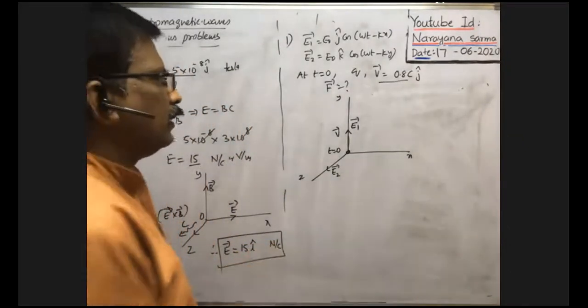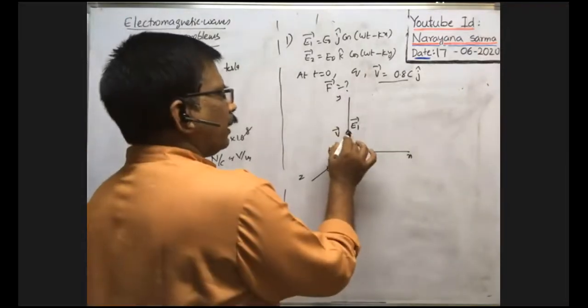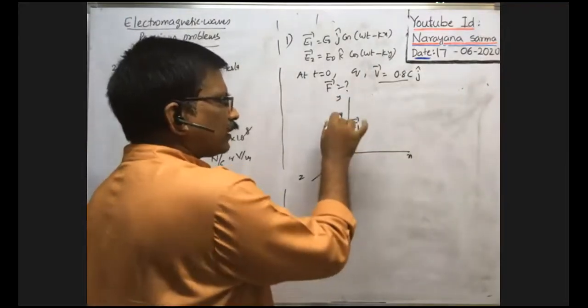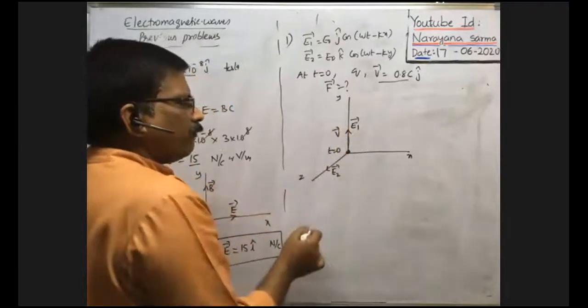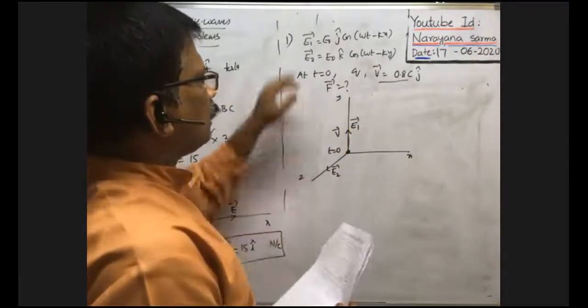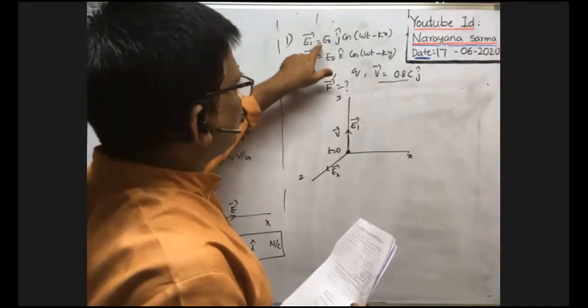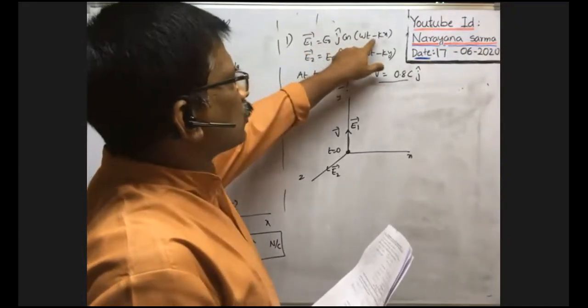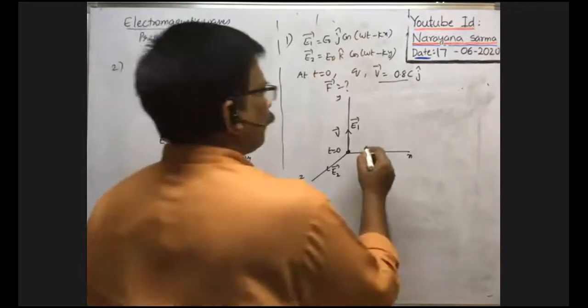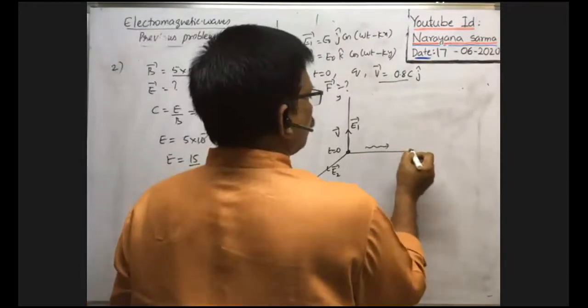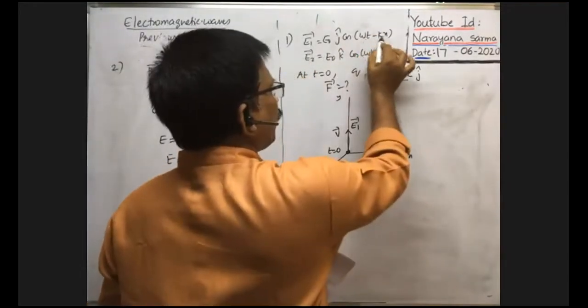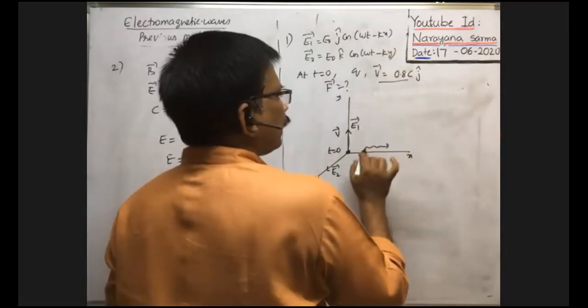Whenever the electric field due to the first wave is along this direction, what is the direction of the magnetic field for the propagation? You see, the first wave travels along positive x-axis, because omega t minus kx represents a wave traveling along positive x-axis.